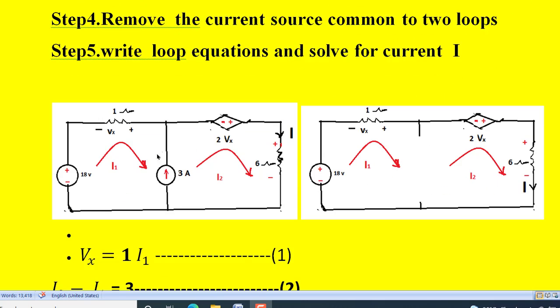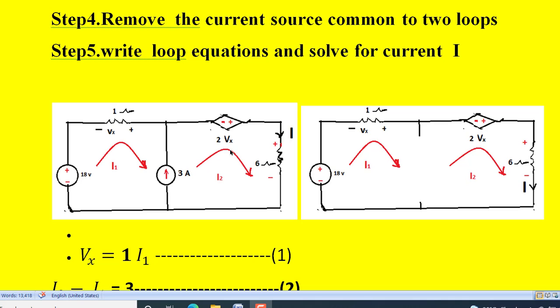So these steps are going to be followed here. First of all, we have to draw the given circuit like this, and then we find that there are two loops. This is one loop, this is another loop, and we assign the loop currents. This loop 1 current we call I1, flowing in the clockwise direction like this. Loop 1 has the elements 18 volts, 1 ohm and the 3 amperes current source.